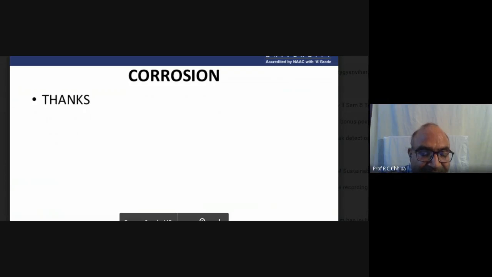All of you are well aware of one thing, that protection against corrosion is one of the important issues, and we can say, as in prevention of disease, prevention is better than cure. If corrosion occurs, then it is very difficult. So what do we have? We can get protection. So how are metals and alloys protected?